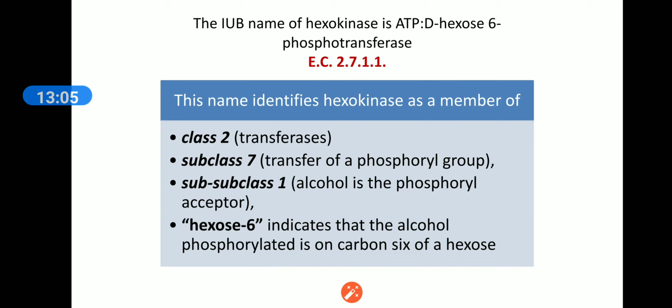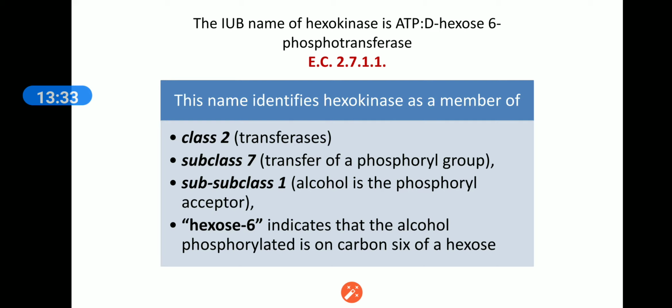For example, the IUB name of hexokinase is ATP:D-hexose 6-phosphotransferase, and its EC number, which is the enzyme commission number, is 2.7.1.1.